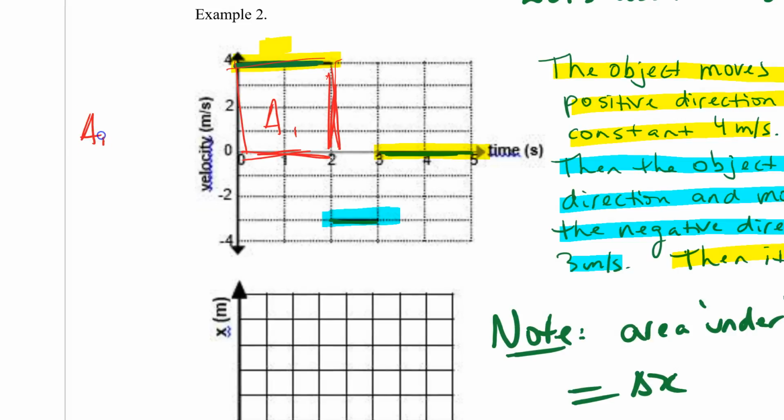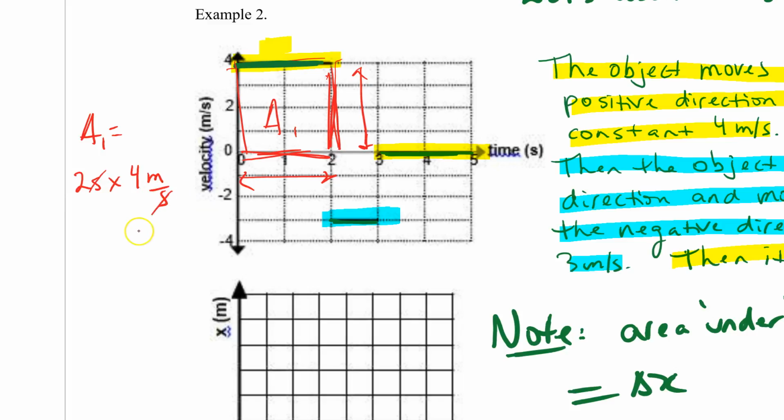This area number 1 is equal to a length times a width. So this side here is going to be equal to 2 seconds multiplied by this height here, which is 4 meters per second. So what happens when we do 2 seconds multiplied by 4 meters per second?